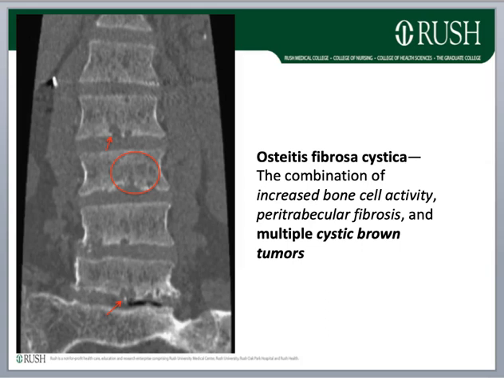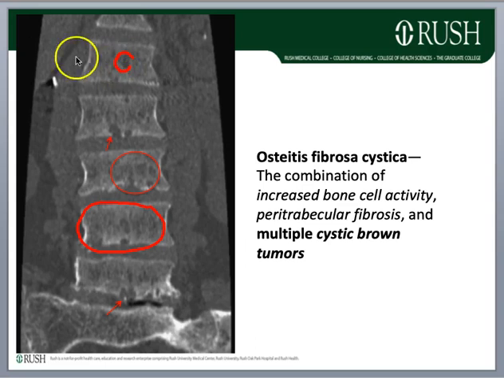Osteitis fibrosa cystica is the combination of increased bone cell activity, peritrabecular fibrosis, but most importantly the occurrence of multiple small cystic brown tumors. So if you look at each one of these lesions that are highlighted by the arrows, or here's a cluster of them in circles, you can see them in each of these vertebral bones, a bunch of these clear spaces.